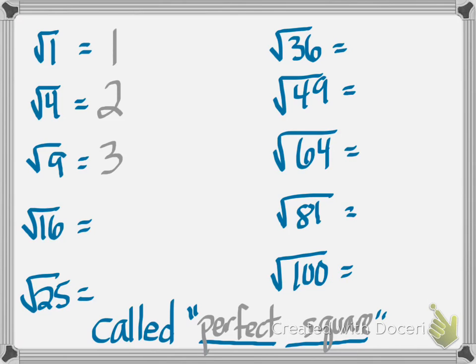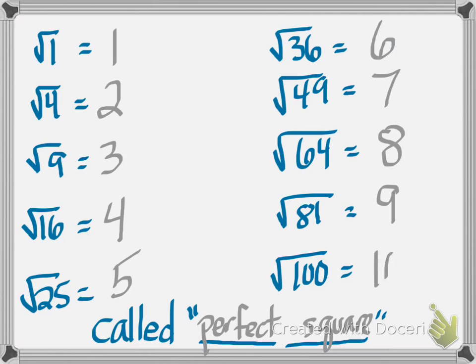The square root of 16 is 4. The square root of 25 is 5. The square root of 36 is 6. 7 times 7 gets you 49. 7 is the square root of 49. 8 is the square root of 64. 9 is the square root of 81. And 10 is the square root of 100.